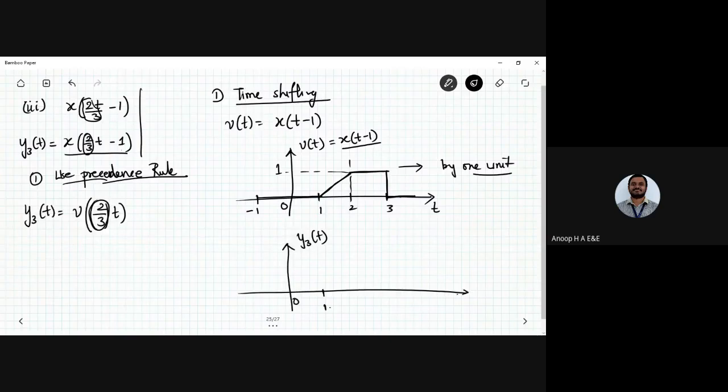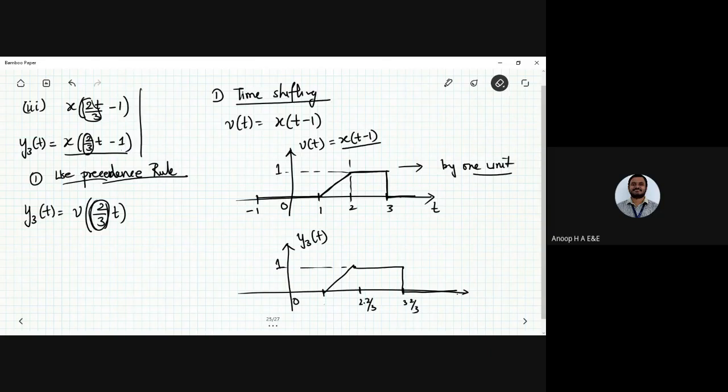So for y3 of t, that is 0, this is 1 into 2 by 3, that is 2 by 3. Next 2 into 2 by 3, next 3 into 2 by 3. So 2 into 2 by 3 is 4 by 3. You are going to have a magnitude like this and drop down, and the magnitude is unity. So 1 into 2 by 3 is 2/3.